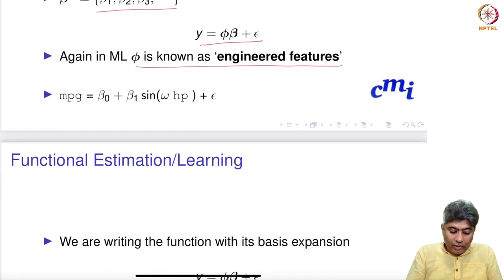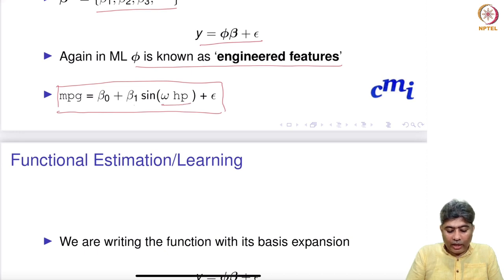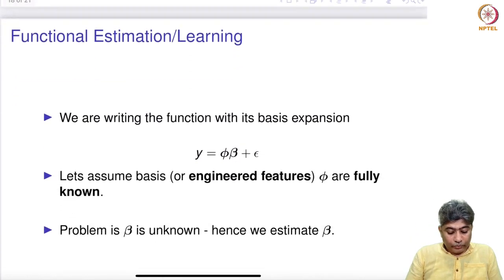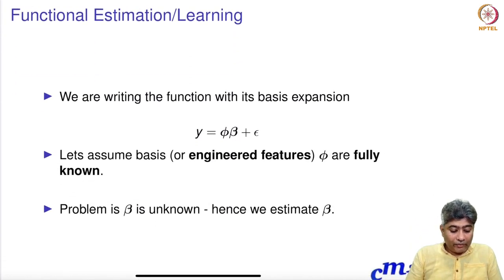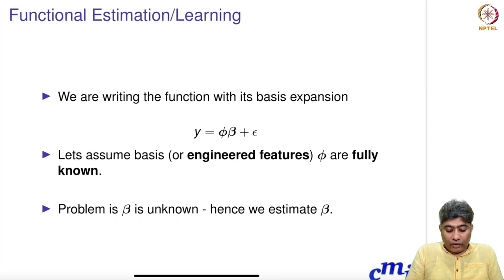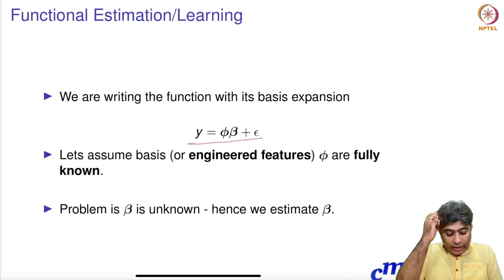Now you can define a model, no harm, mpg = beta naught + beta 1 sine omega hp + epsilon. You can always define a model like that, and you can try out whether it's a good fit or not. So we are writing the function with its basis expansion. We call it y = phi beta.